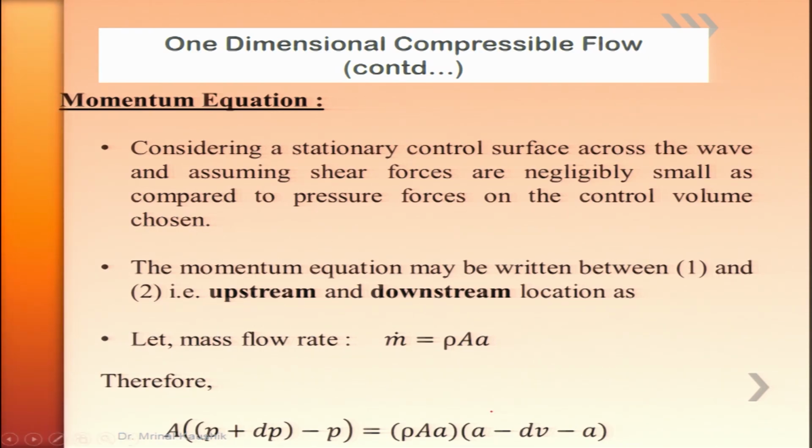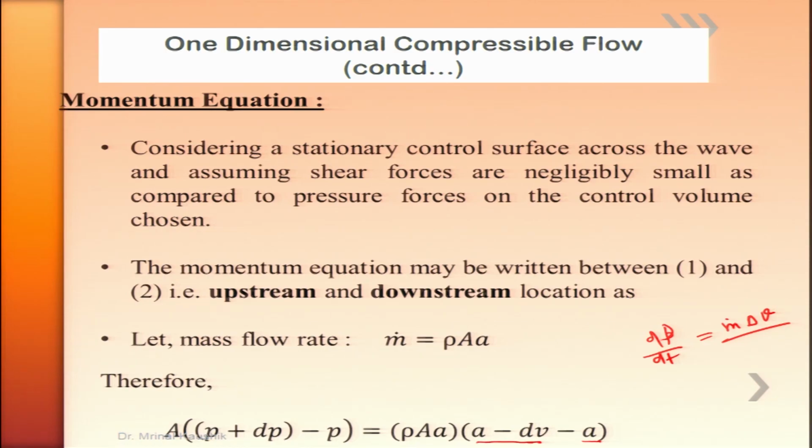Please note that the downstream velocity is A minus dV and the upstream velocity is A. So the change in velocity is A minus dV minus A, and when multiplied by m dot, it gives the change in momentum, that is dP by dt, which is m dot delta V. This change of linear momentum is equal to the applied force on the fluid in the control volume, which is nothing but Newton's second law of motion.